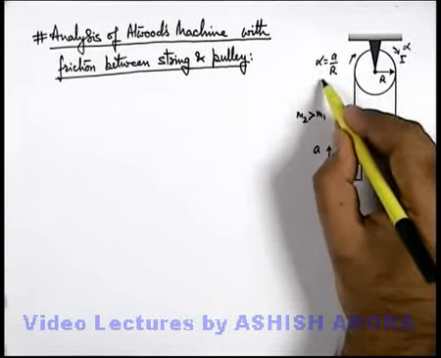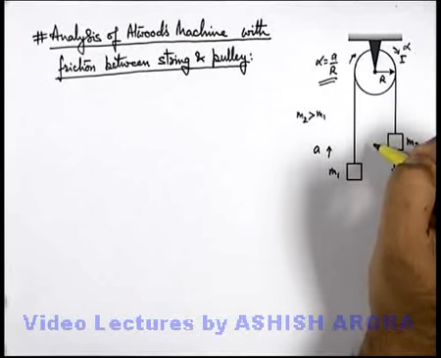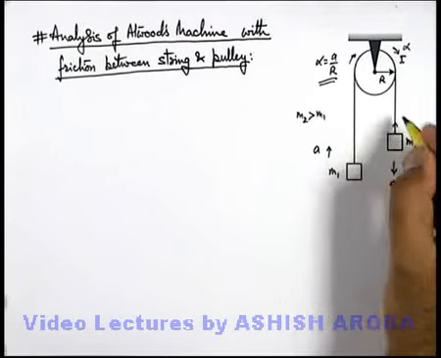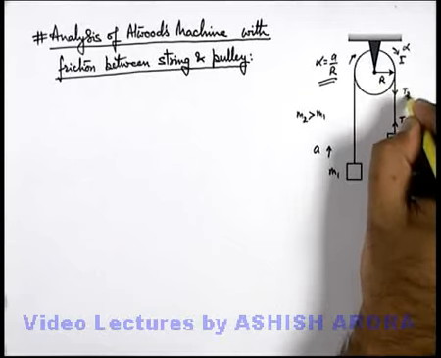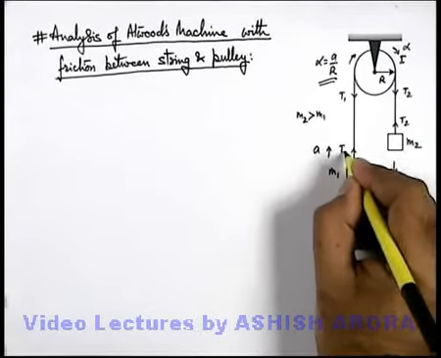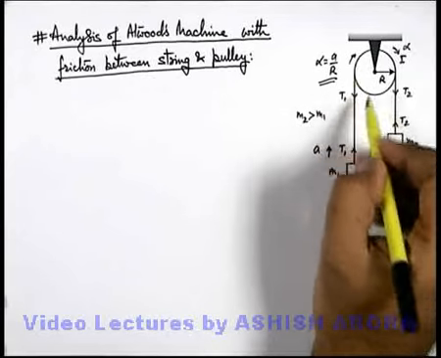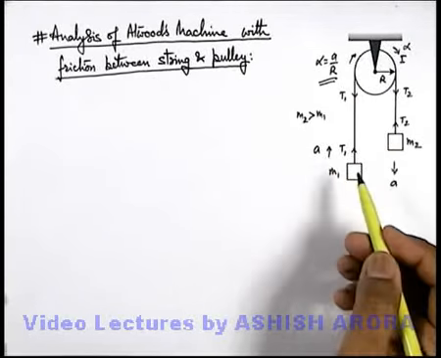So using that expression I can write that angular acceleration is equal to a by r. Now the tensions in the two strings will be different. Here it is T2 and here it is T1. Because of friction between the string and pulley, tension can never be the same unless the system is at rest.